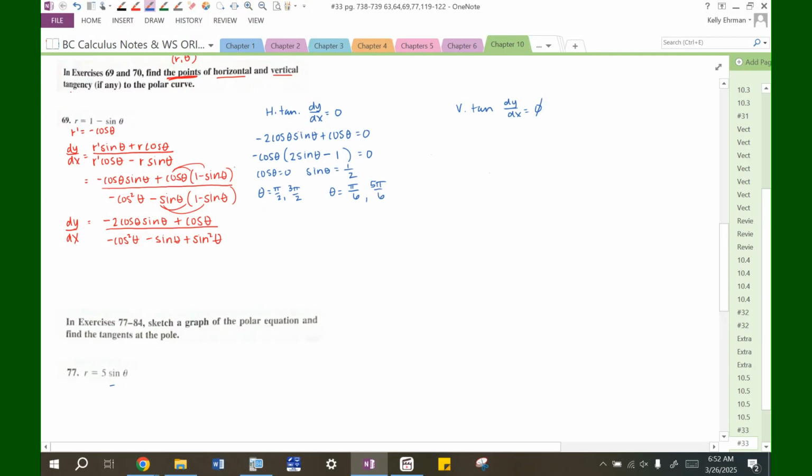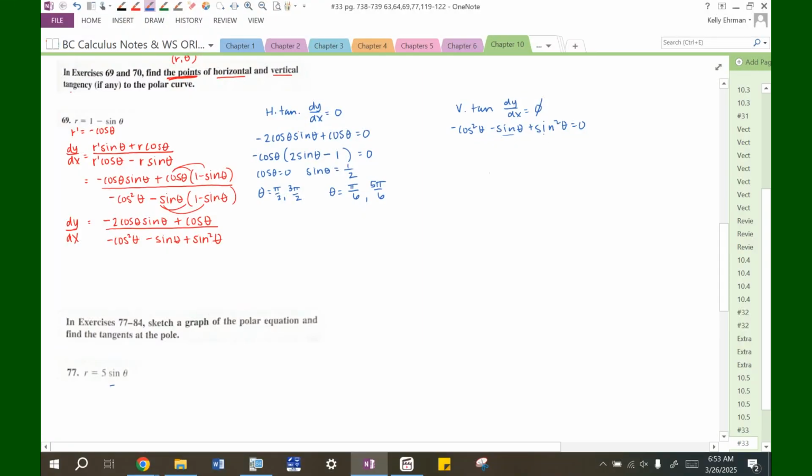So I'm not going to find the r thetas for these yet because if vertical tangent has any of these answers in common, I'll throw them out. So vertical tangent is if negative cosine squared theta minus sine theta plus sine squared theta equals 0. Now to solve this trig equation, you want to get something you can factor, but I can't factor this right now.